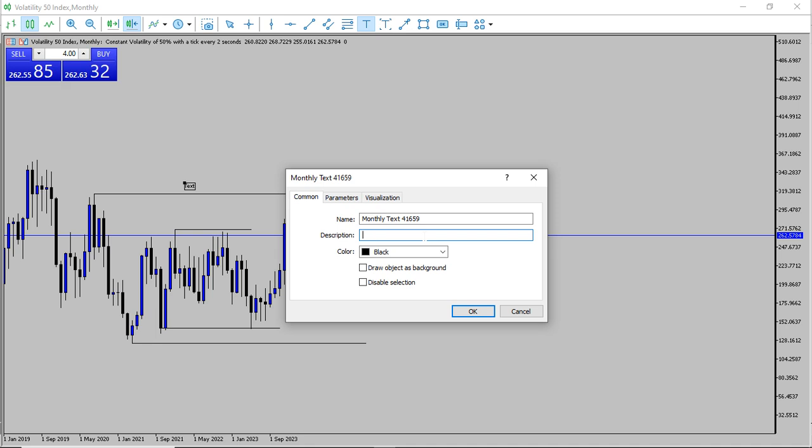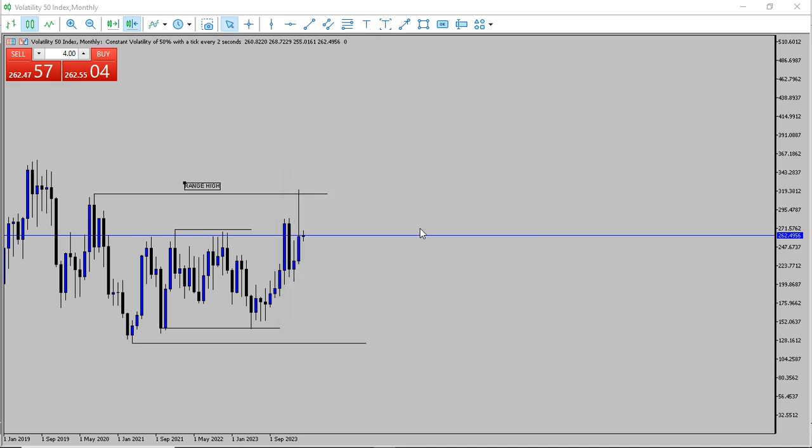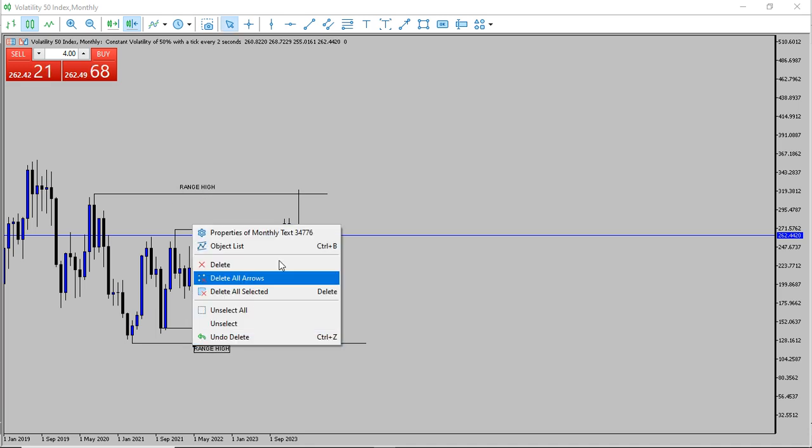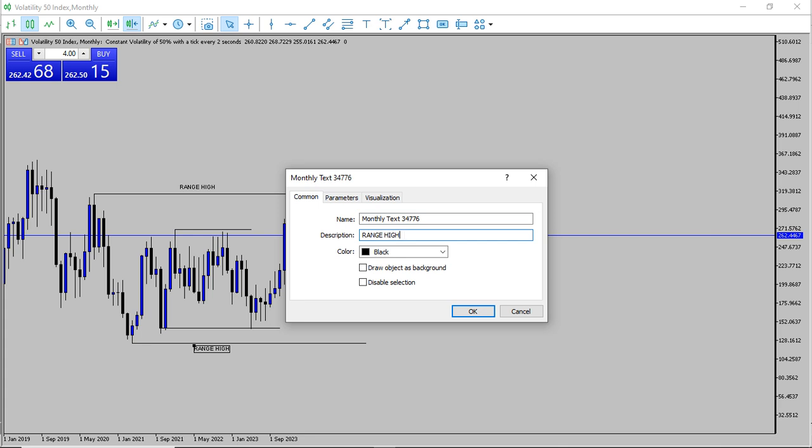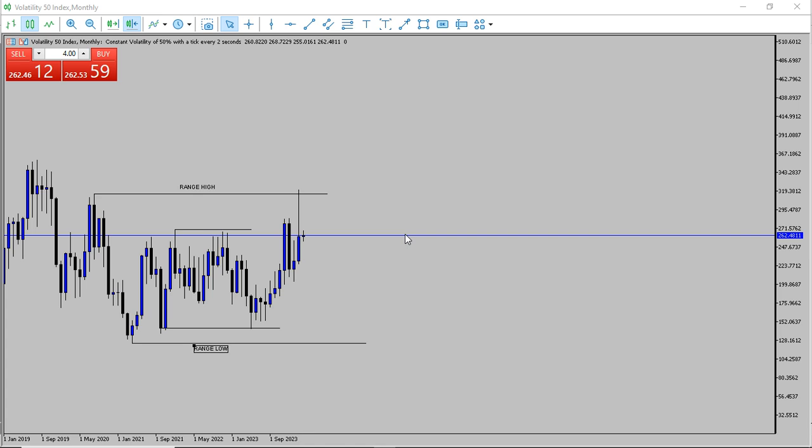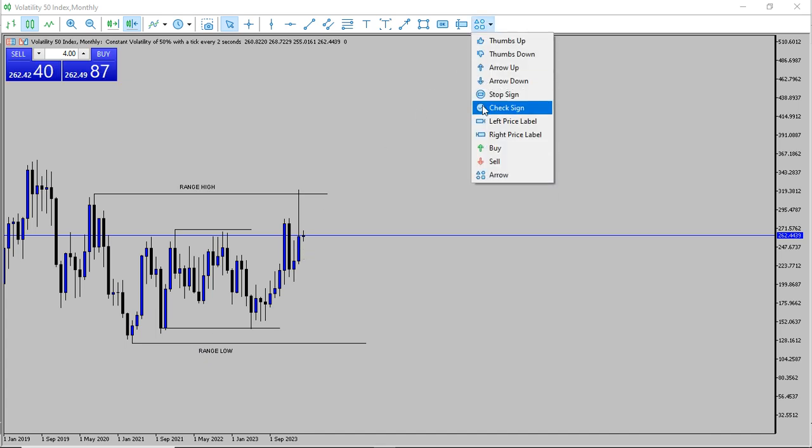So we have a range high right here. Then we copy that and we have this range low. So that is the area at which we are dealing with. So we currently traded out of the range and we hunted the buy stop, which is at the range high. So that is actually right here.